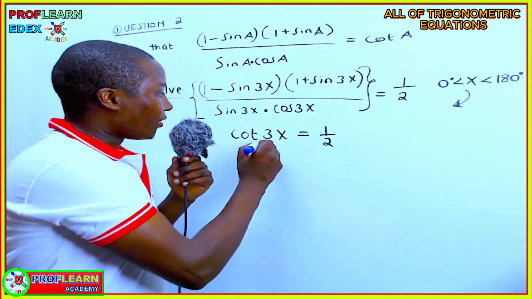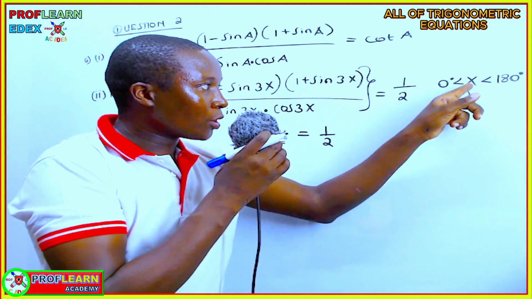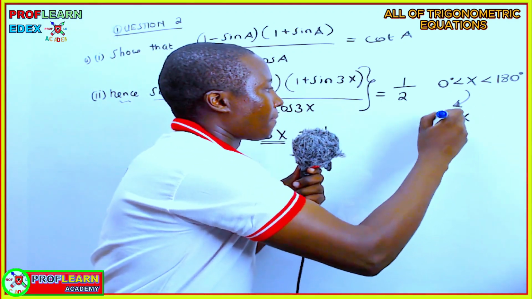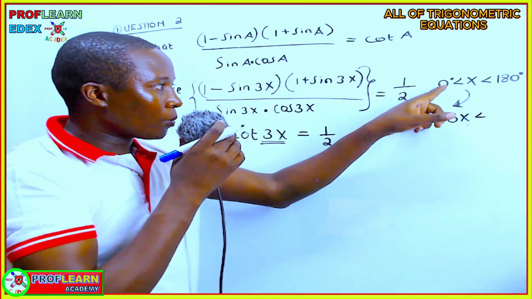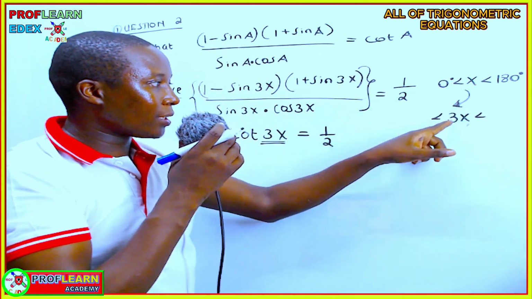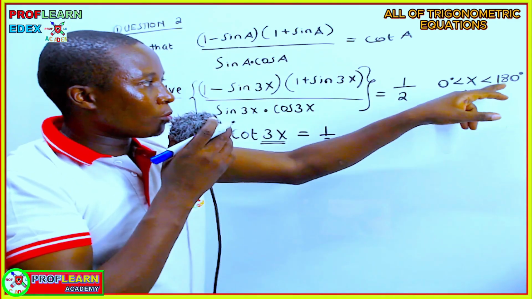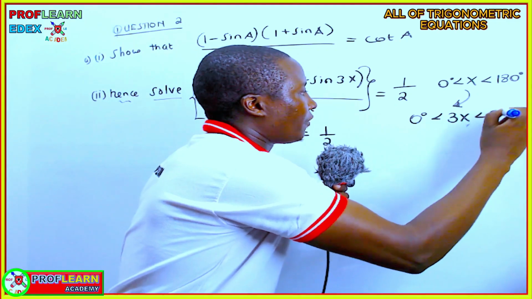But here we are having 3x, so we can transform this. If you multiply x by 3, you have 3x. Multiply 0 by 3 and this is going to be 0 degrees as well. But if you multiply 180 by 3, this is going to be 540.